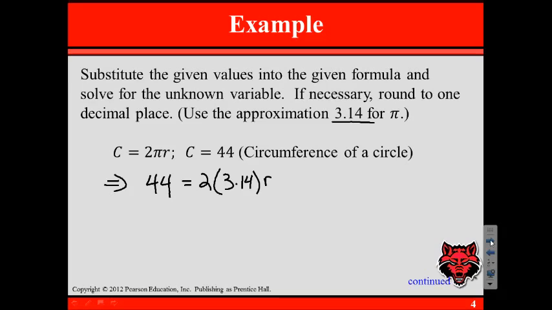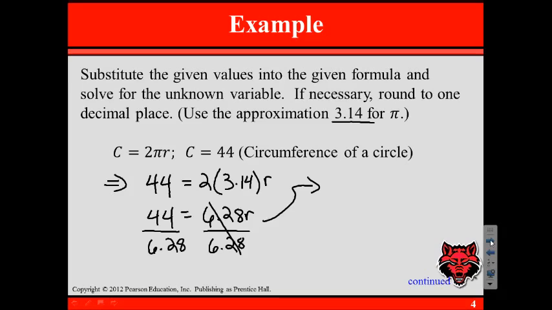So we start by simplifying the right-hand side. We have 44 equals, when we multiply 2 times 3.14, we have 6.28 times r, which is 6.28r. The last step to solve for r in this problem would be to divide both sides by 6.28. When we do so, the 6.28s on the right-hand side cancel.